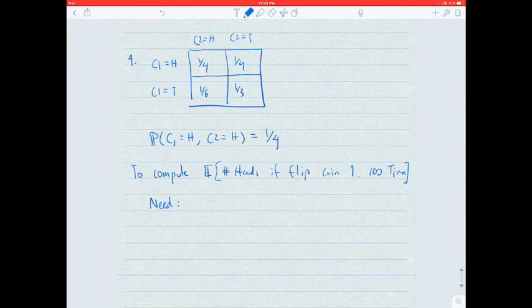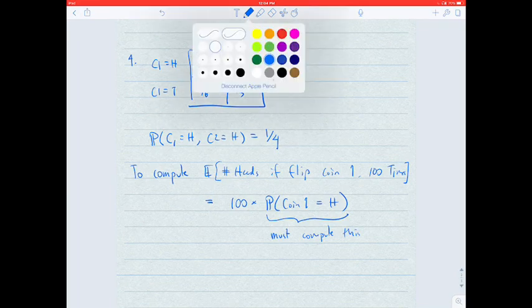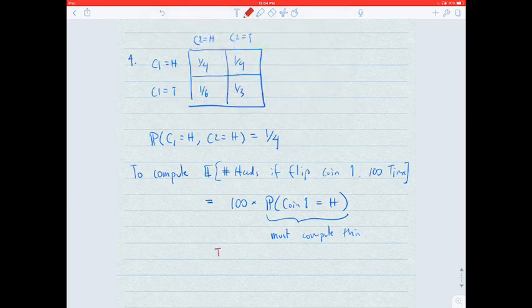Well, let me just write down the answer. This is just going to be 100 times the probability that coin 1 is equal to heads. But you can see that this is not directly given, so we must compute this. If you recall from your probability course, this is called the marginal probability.